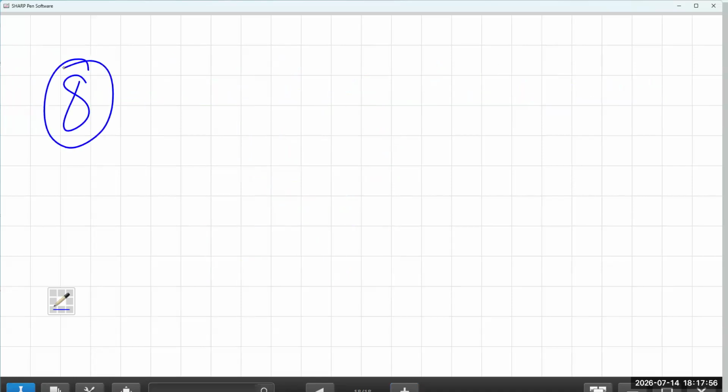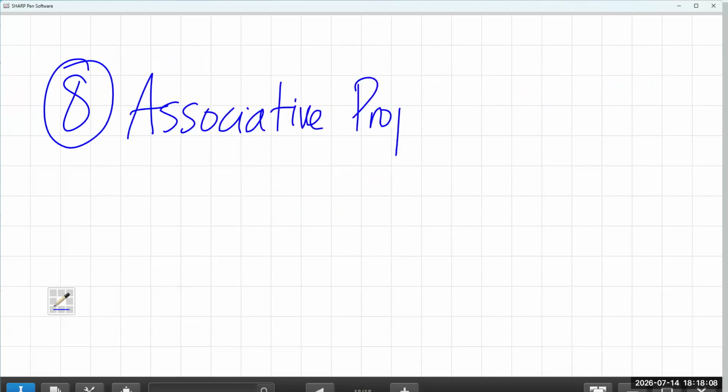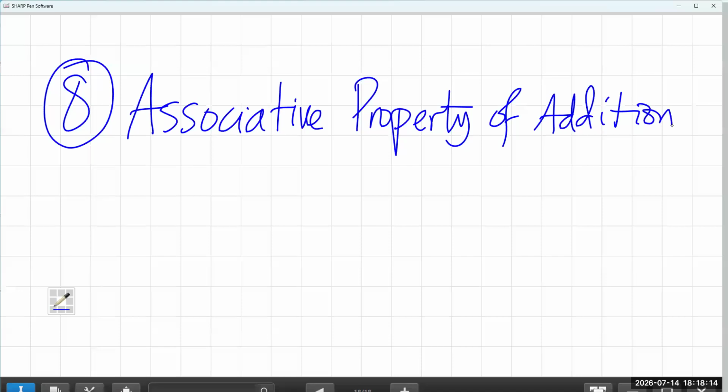Number 8. We only have three more. The associative property of addition.